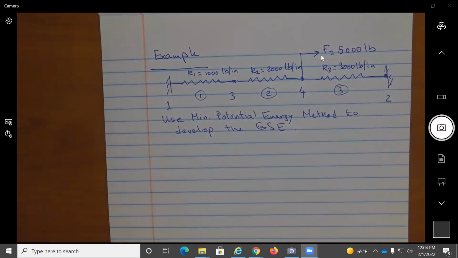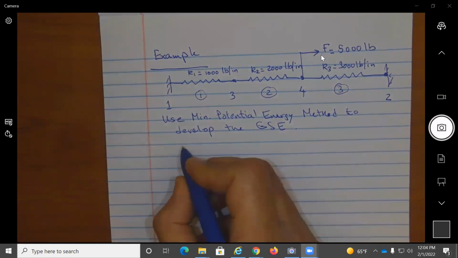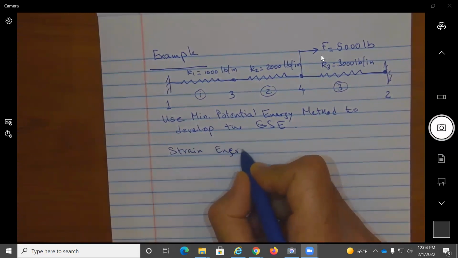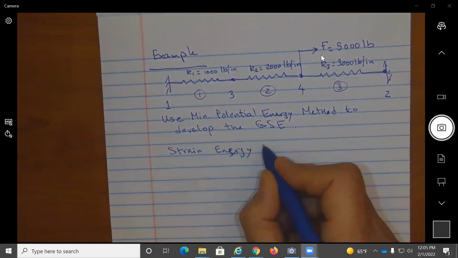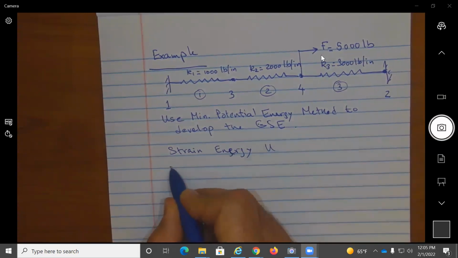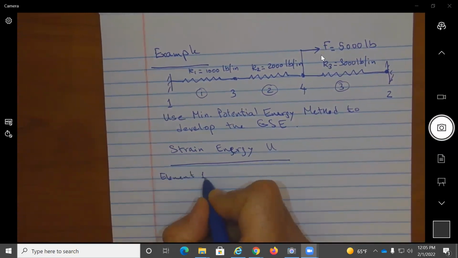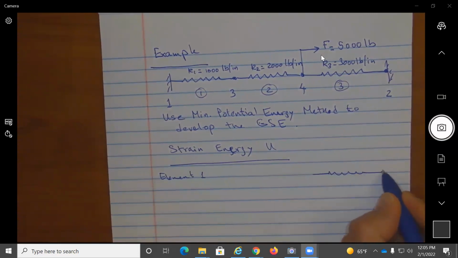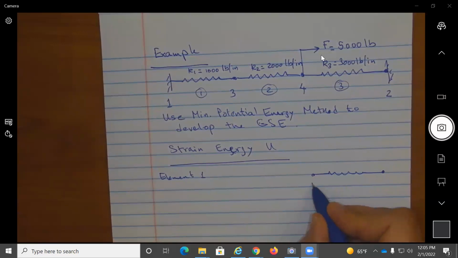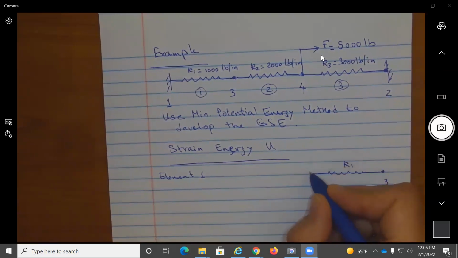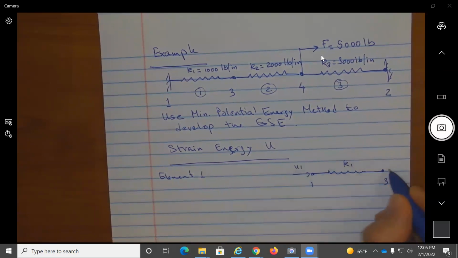So we want to start by looking at strain energy for each of the elements. So we're going to start by looking at the strain energy, U. I'm going to go with element 1. This is this spring here that extends from 1 to 3, has the spring stiffness K1 and degrees of freedom U1 and U3.